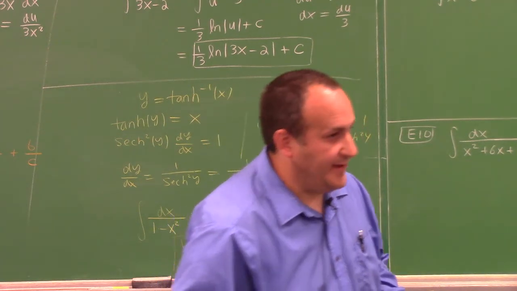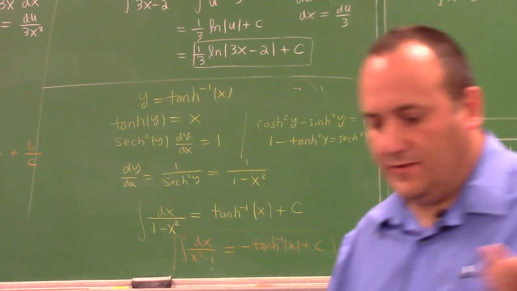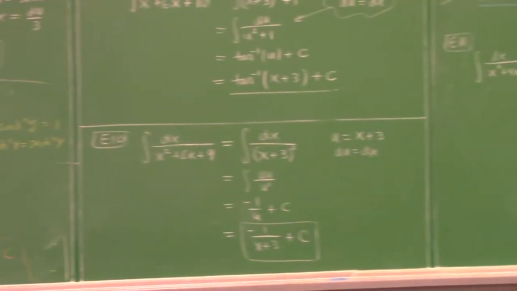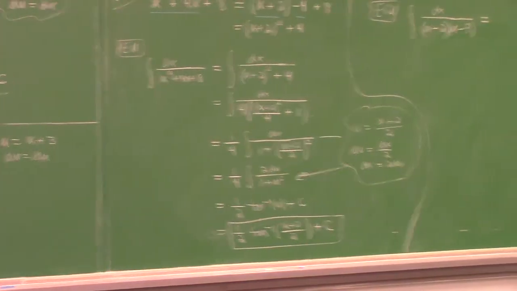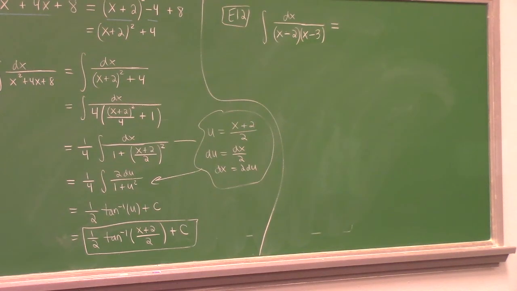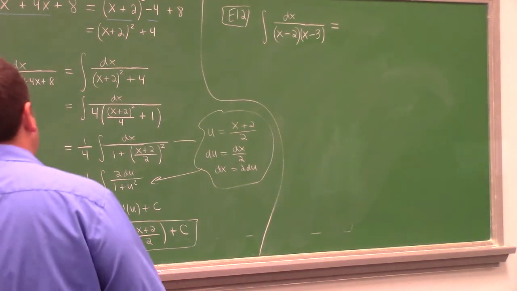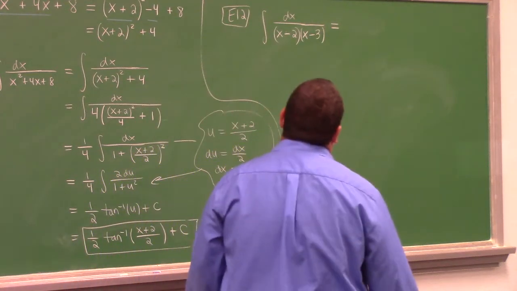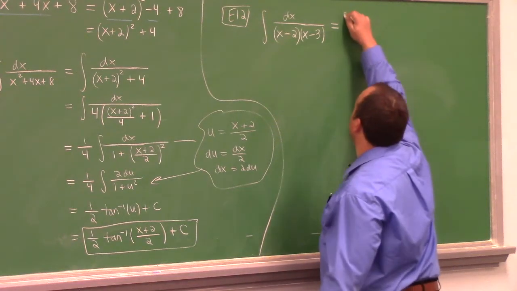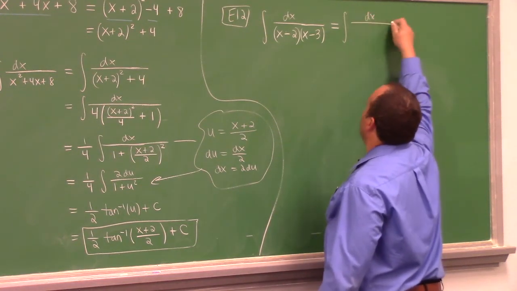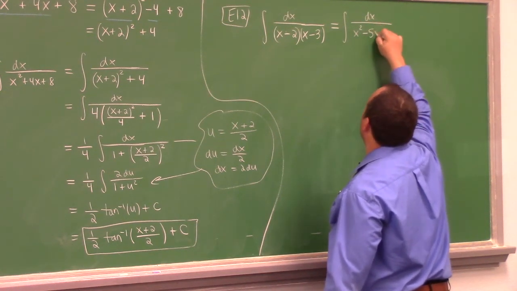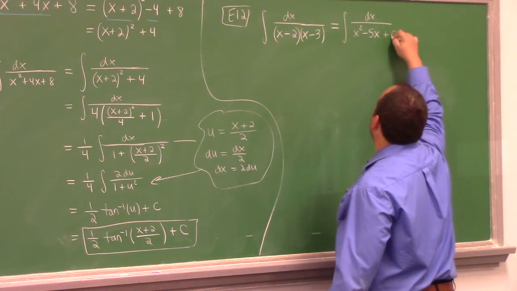So if I want to go down this path, this would allow us to do integrals of the other kind if we wanted to. Let's see here. What I'm really faced with from this viewpoint is dx over x squared, oh, how horrible, minus 5x plus 6.